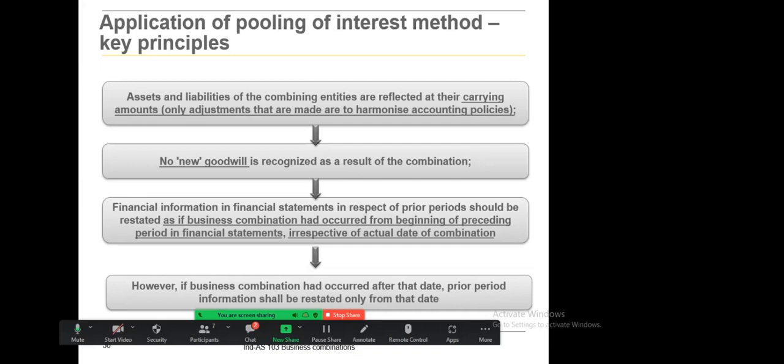Under Ind AS 101, if an entity wants, it might not restate the business combinations that happened before the first-time adoption of Ind AS. So generally, many companies take this exemption that we will not restate the business combinations that happened before 1st April 2016.